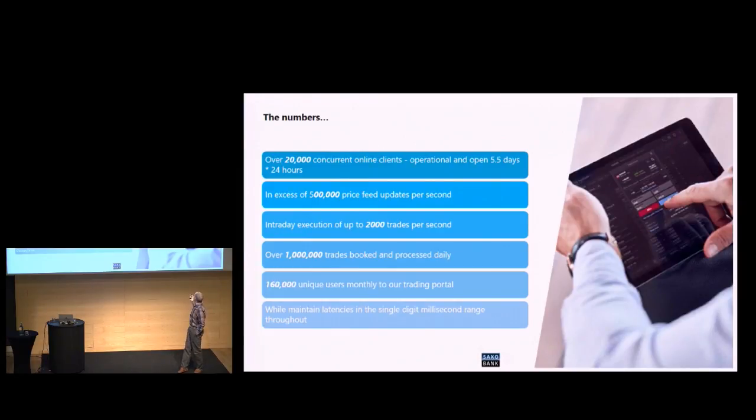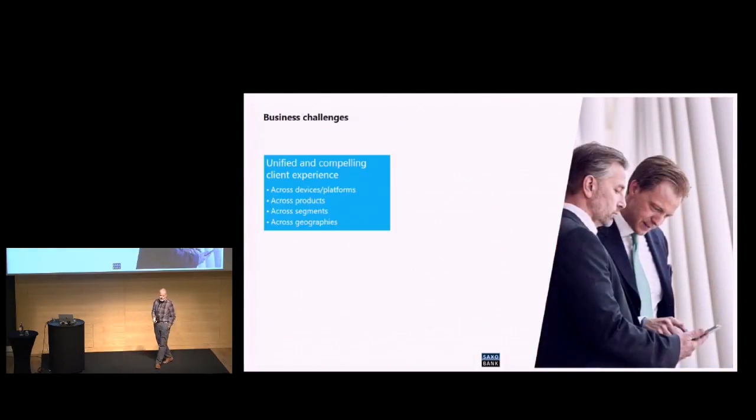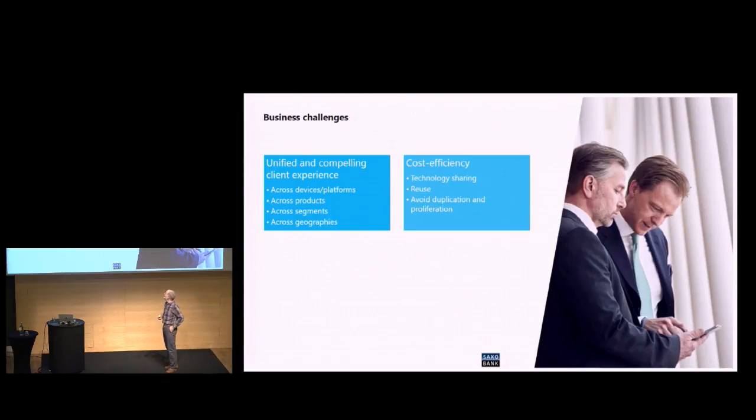So here you can see one of our clients sitting in the platform, and this is obviously an end user sitting on a tablet, but there might be an API, which in turn has a lot of other users, or he might sit on a web or a desktop application. So the business challenges also are to provide a unified and compelling client experience across devices, platforms, and across the world.